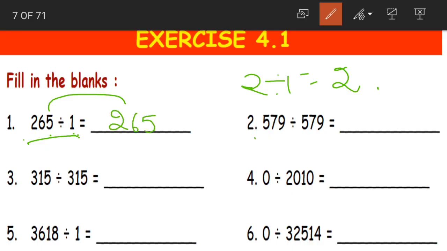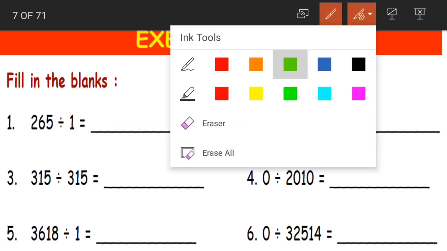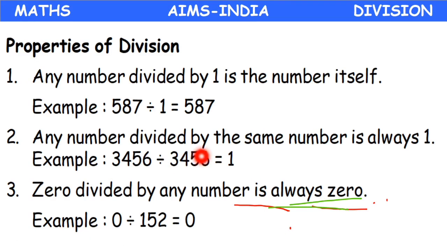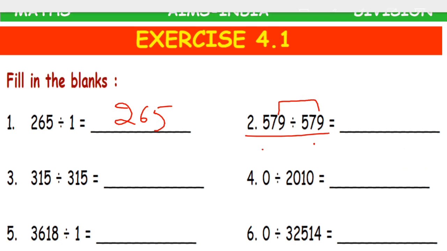Coming to question number 2. 579 divided by 579 is equal to dash. Now when we divide a number by itself, by the same number, then the answer will be what? Equal to 1 only.